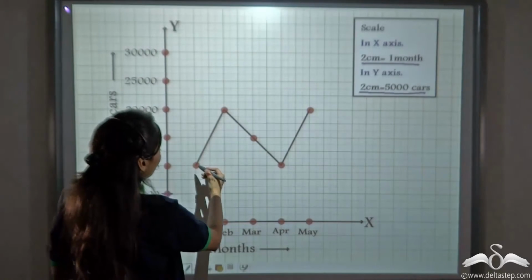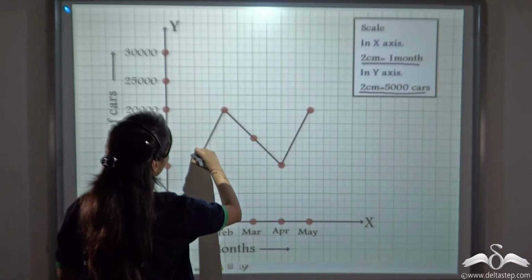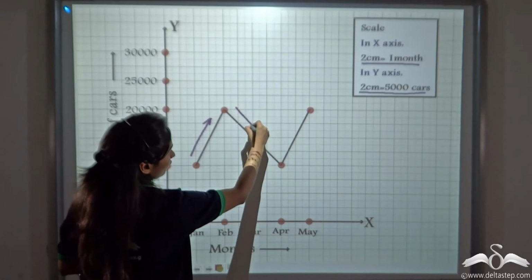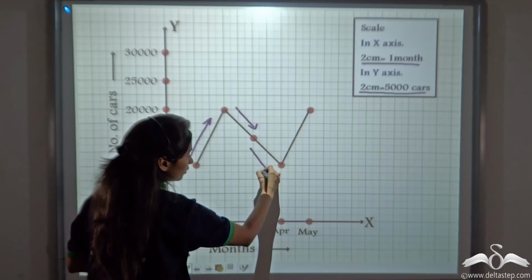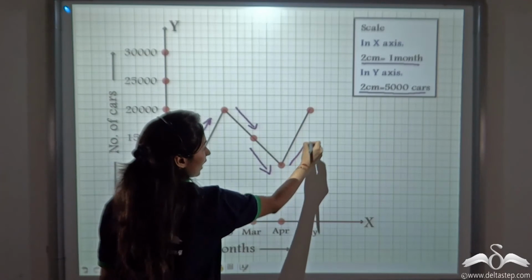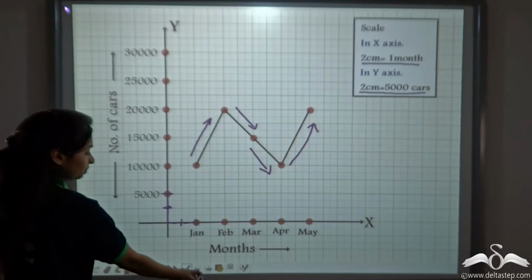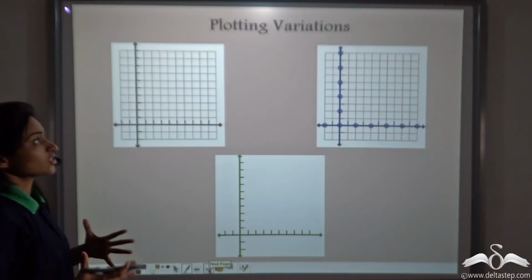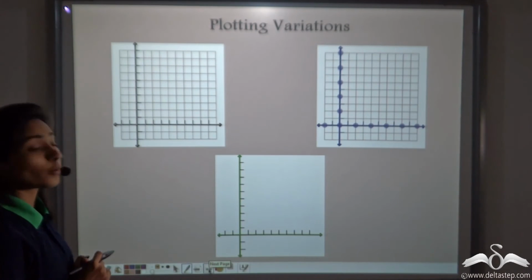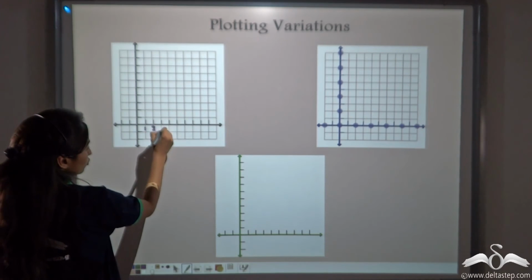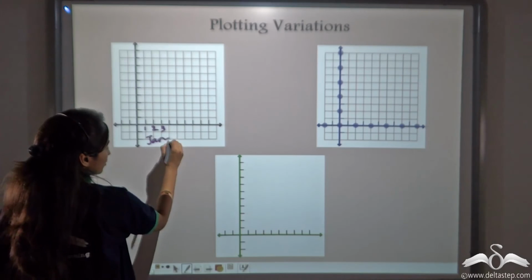Even from this you can tell me that the production of cars has risen from Jan to Feb, fallen from Feb to March, fallen further from March to April, and then again risen from April to May. This is the same thing. So what variations can you use while making points on graph paper? You can use lines to show 1, 2, 3 or Jan, Feb, March.